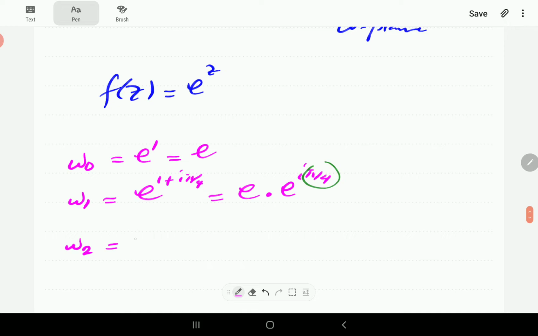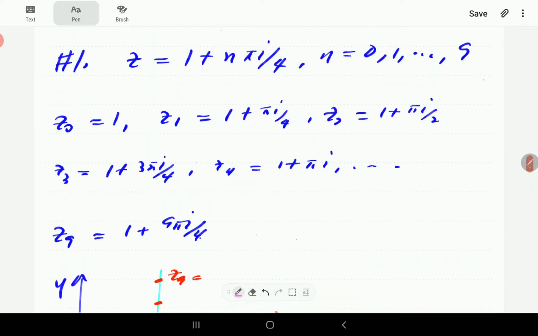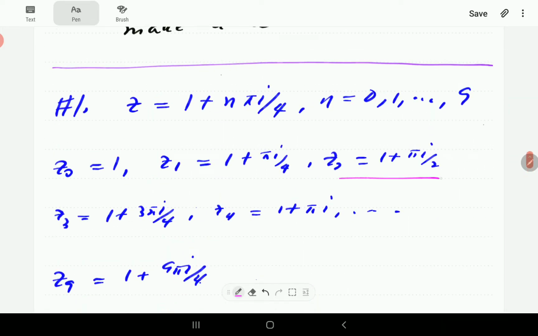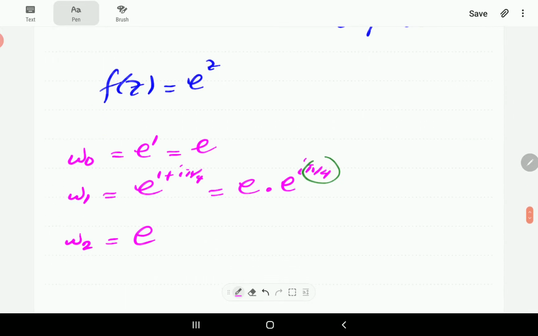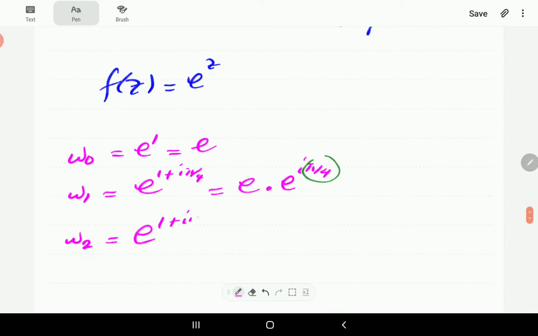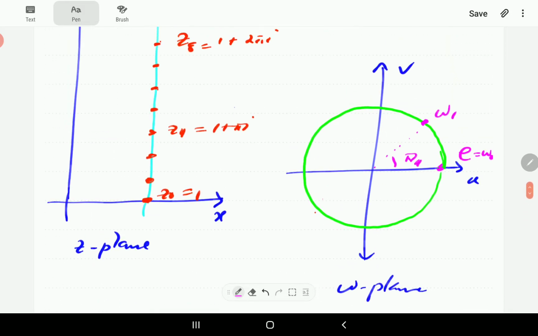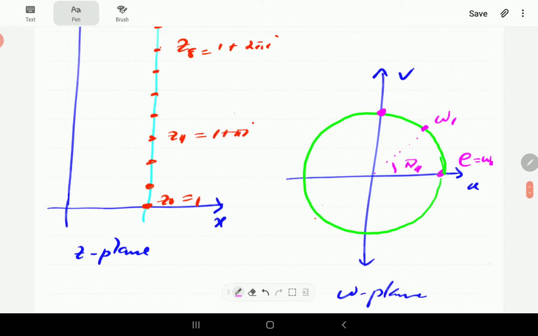It's exactly the same thing for w2, which is the image of z2. z2 is 1 plus i pi on 2, so the image is e times e to the i pi on 2. Again, it's at a radial distance of e from the origin, and the argument is pi on 2, so that one is right here on the vertical axis.